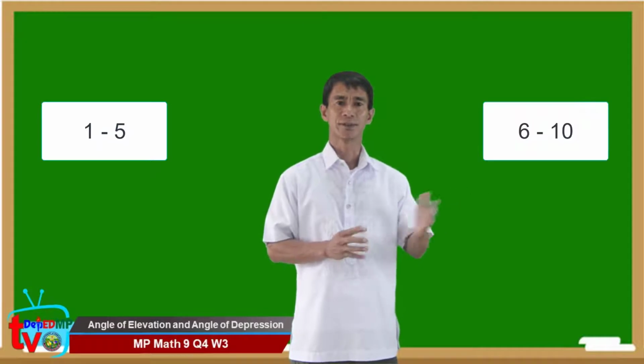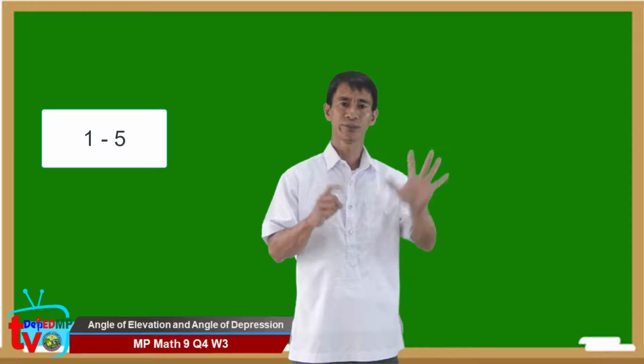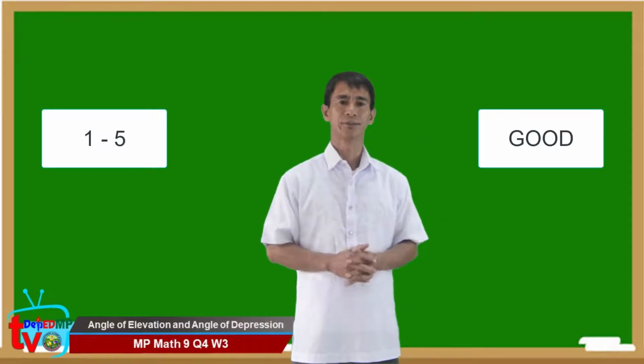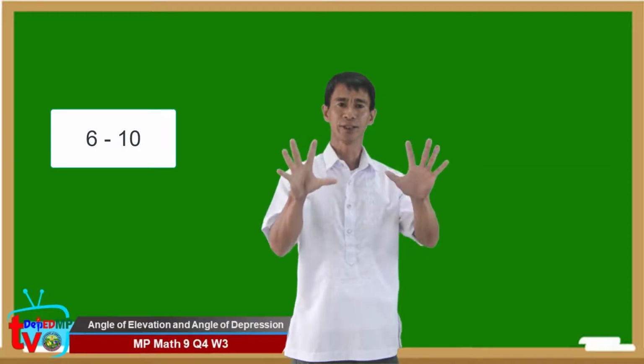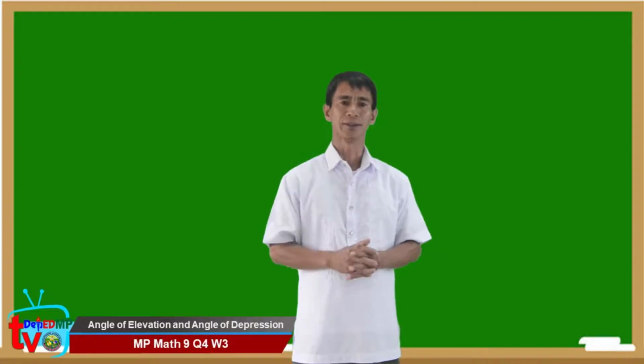What about 6 to 10 correct answers? If you got 1 to 5 correct answers, you are still good. For those who got a score of 6 to 10, you are excellent. You know something about our next lesson.